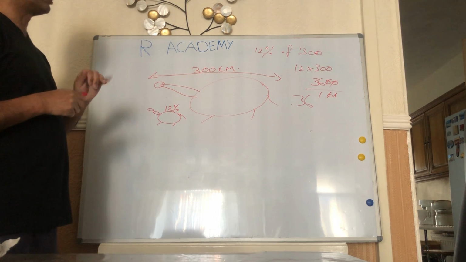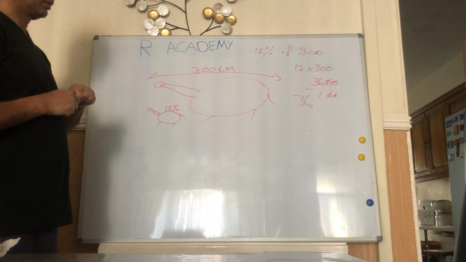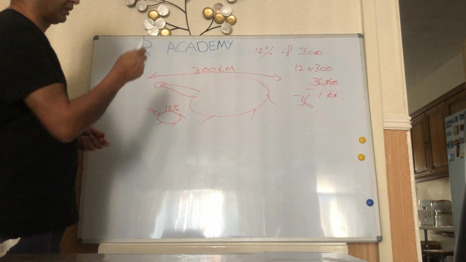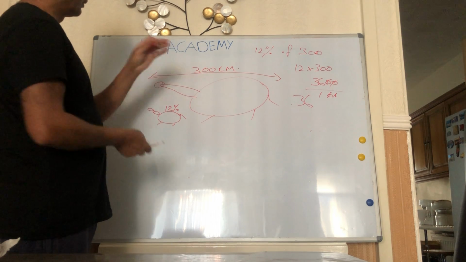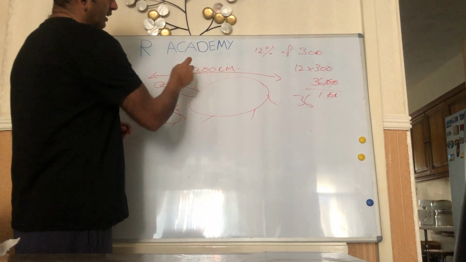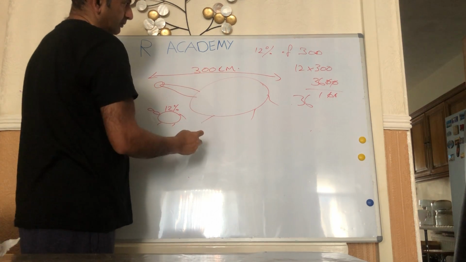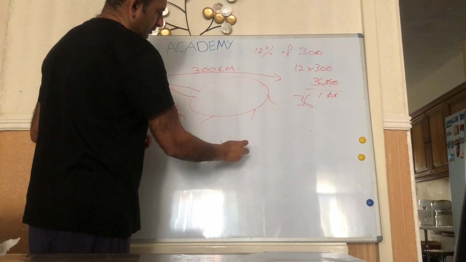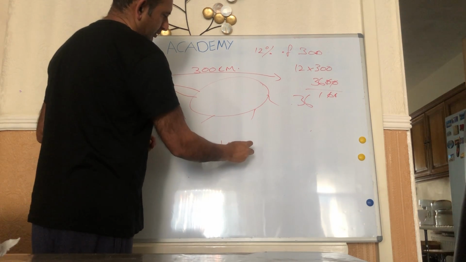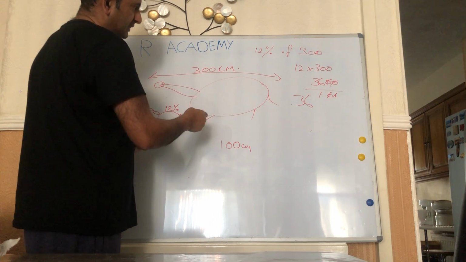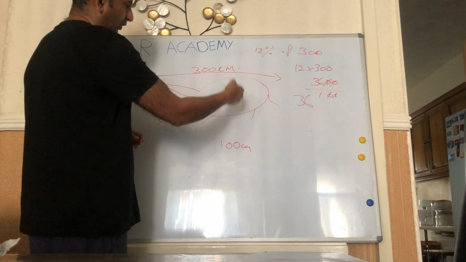But the simple way to do it for a child, which is obviously not going to be as quick as that, would be to cut this one down to 100. So we go to 100 centimeters, which would be a third of this. And then later, when you get your answer, times it by 3.